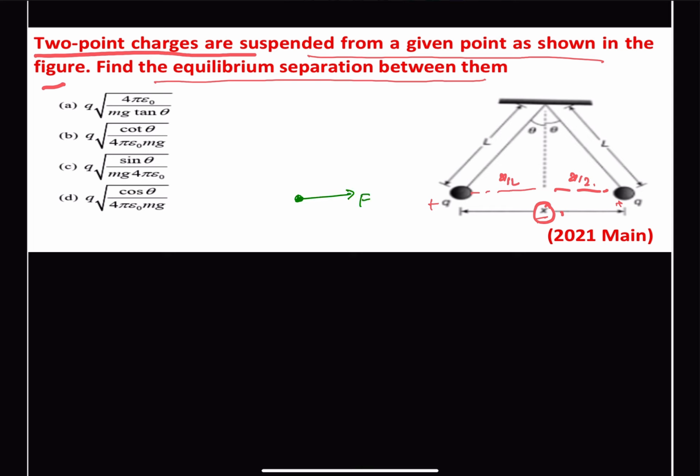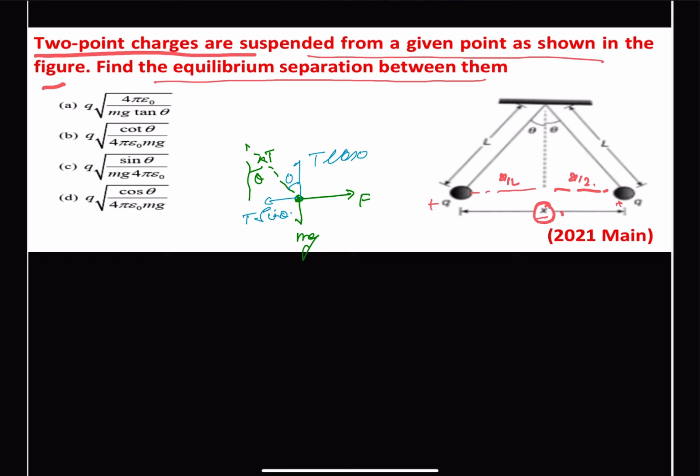In the downward direction we are going to have mg, and this is our tension T, and with respect to the equilibrium vertical it is making an angle theta. Therefore this angle will also be theta, so we are going to have this as T cos theta, and this will be our T sin theta, and the length of this is given as L.